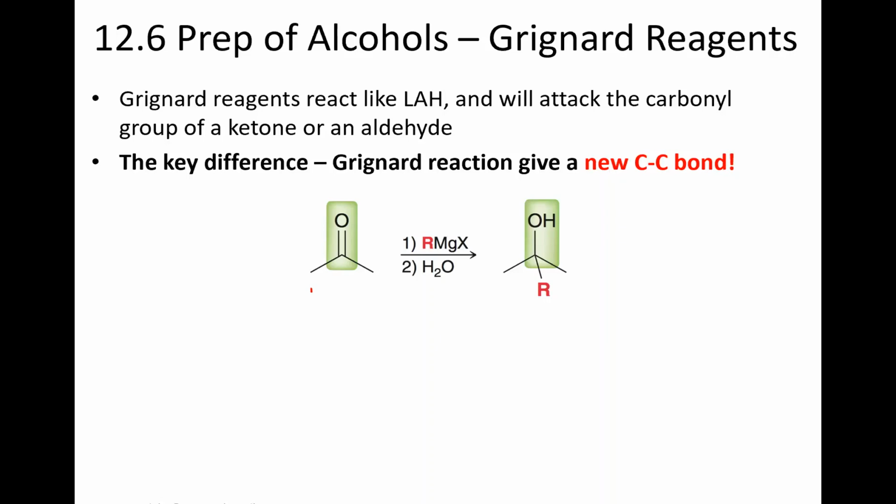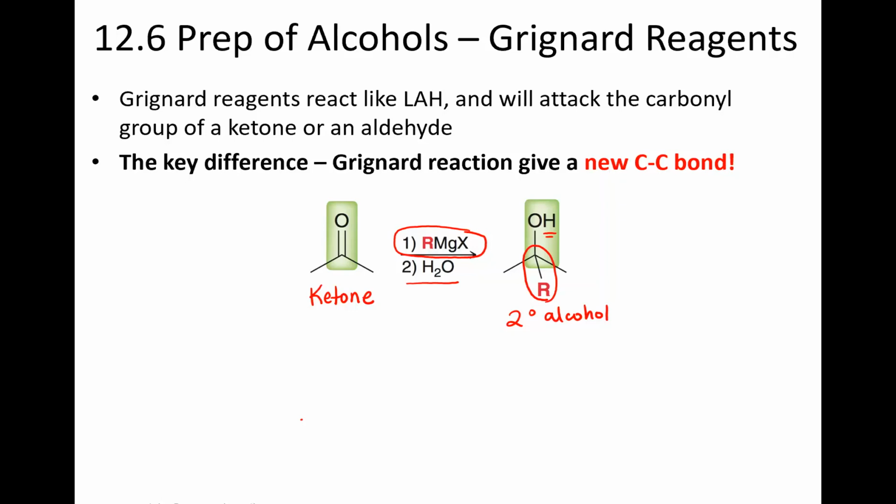Okay, so what sort of scope of reactions are we looking at? This is an example of a ketone being attacked by a Grignard reagent, and the product is a tertiary alcohol. The proton comes from the water workup at the end. And notice we formed a new carbon-carbon bond, which is highly sought after by organic chemists to be able to increase molecular complexity.